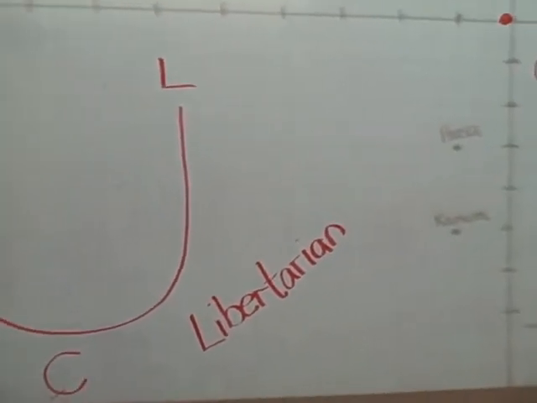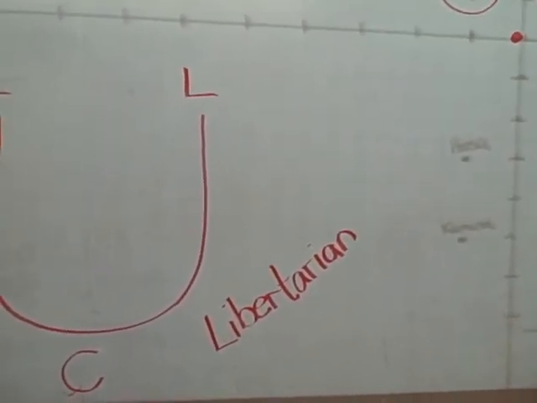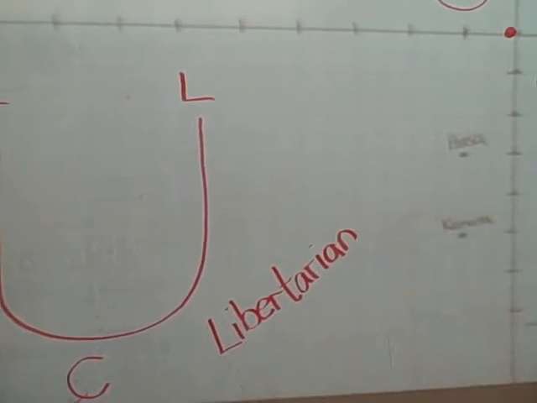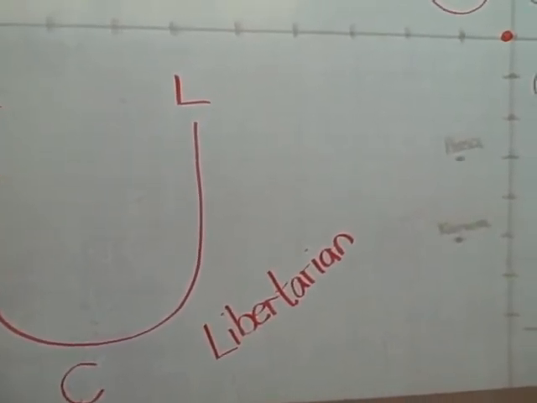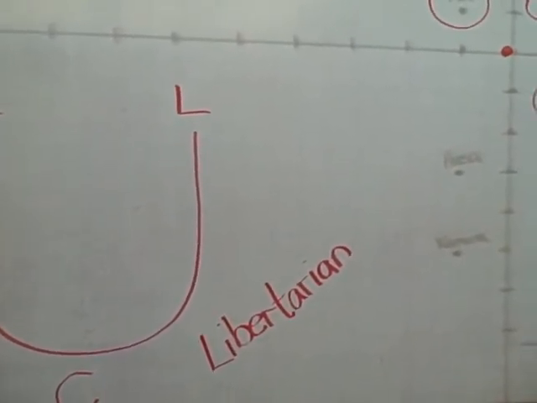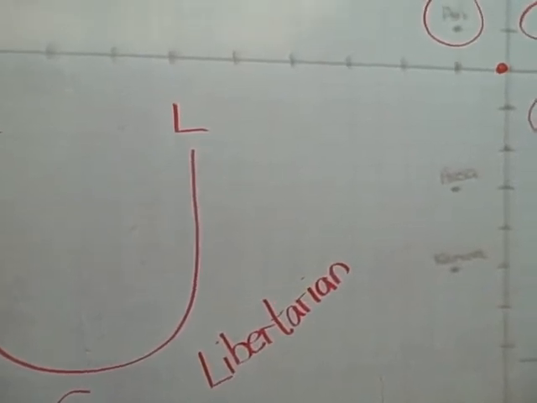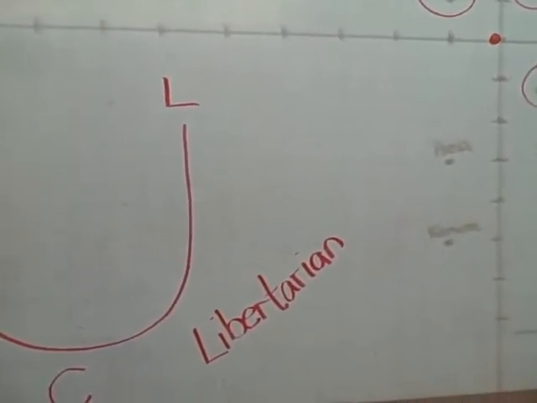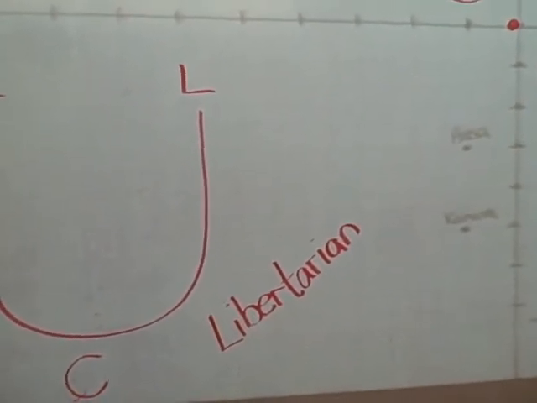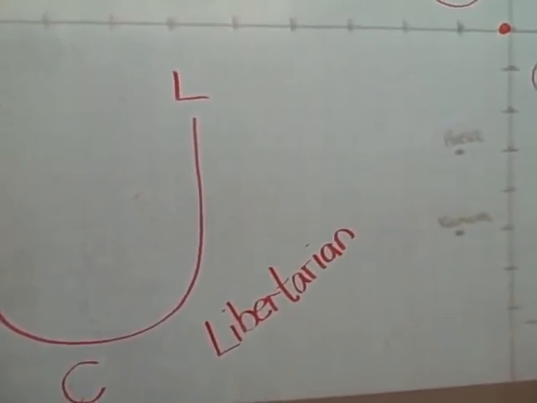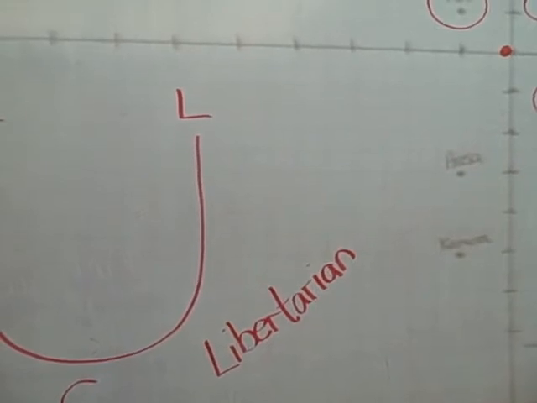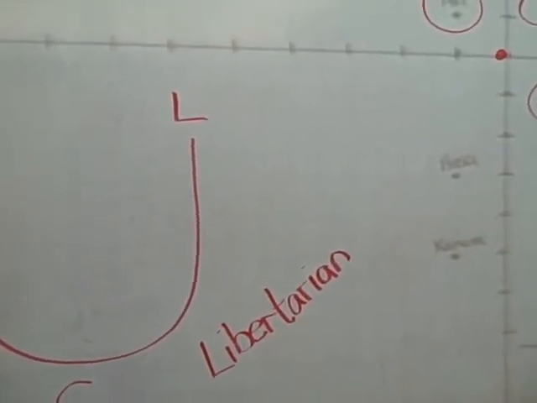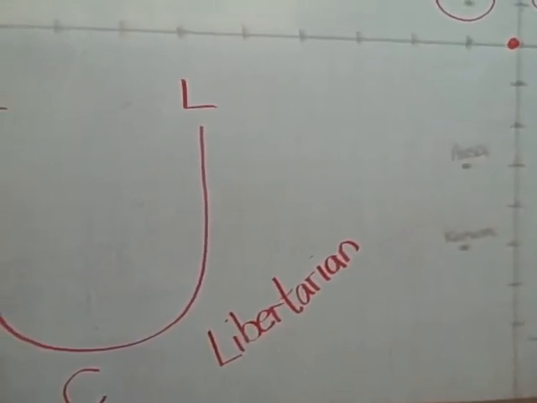The libertarians are going to believe that the individual should be free to rise or fall on his or her own merits. The government that governs the most is going to mess things up economically. It's going to make decisions regarding moral or social issues that really aren't the best for each individual. Empower the individual and they'll be able to rise to heights that they can't if the government is doing too much.